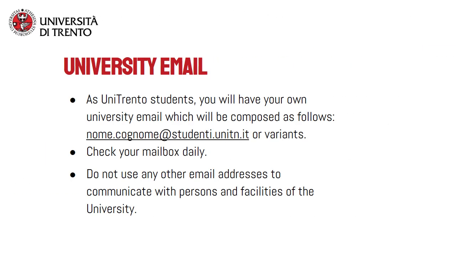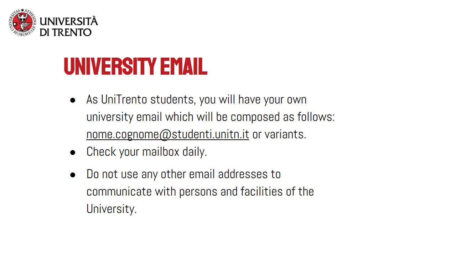A personal and nominal mailbox is guaranteed by default or on request to all users of the UniTrento community to identify the user as a member of the university in online communications.